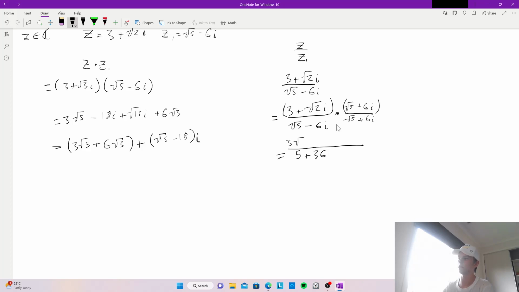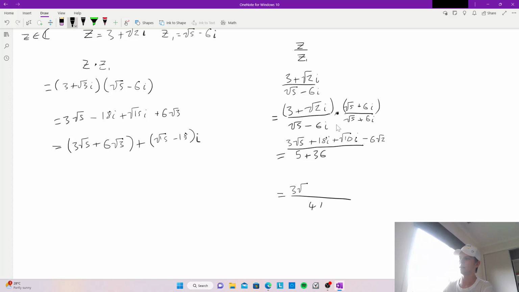So we have 3 square root 5 plus 18i plus square root 10i, and then minus 6 square root 2. And we'll fully simplify this now. No, maybe not fully, but we'll simplify.